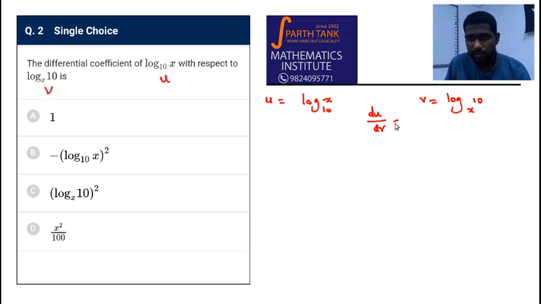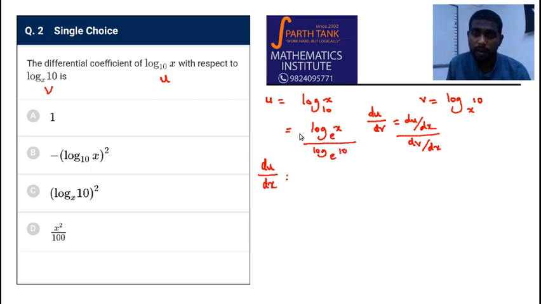So du by dv is nothing but du by dx upon dv by dx. So du by dx is straightforward, but be careful, you differentiate after you change the base to base e, that is log of x base e by log of 10 base e, because differentiation works only for natural logarithms.